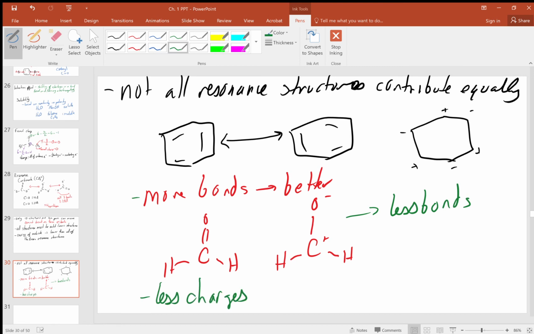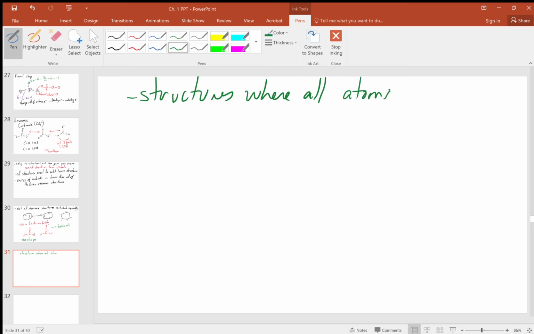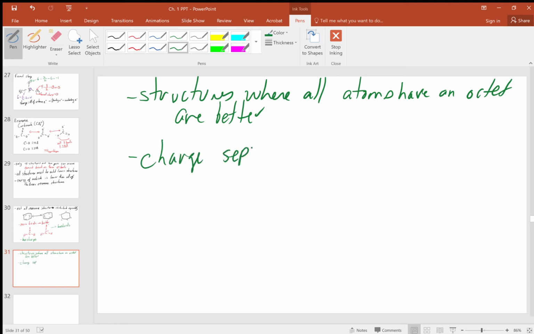So we've added more charges to it. Structures where all atoms have an octet are more favorable. And we can also say that charge separation decreases stability.